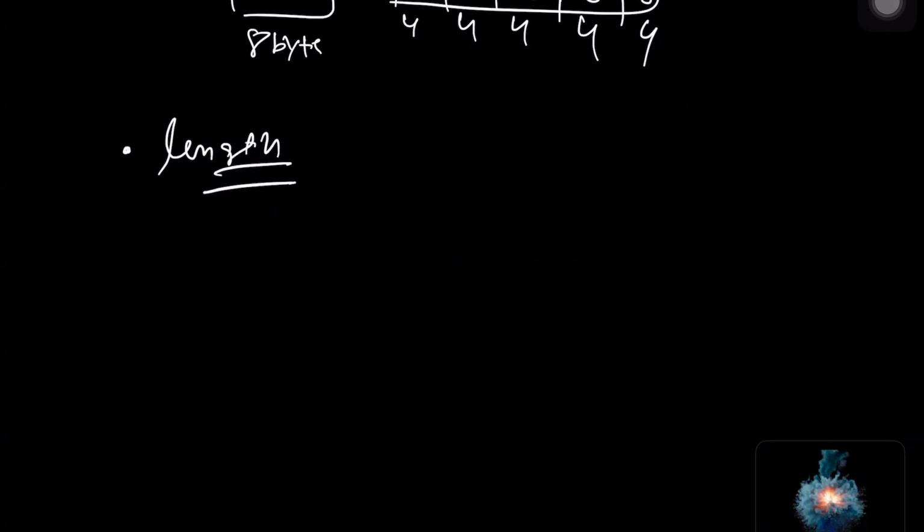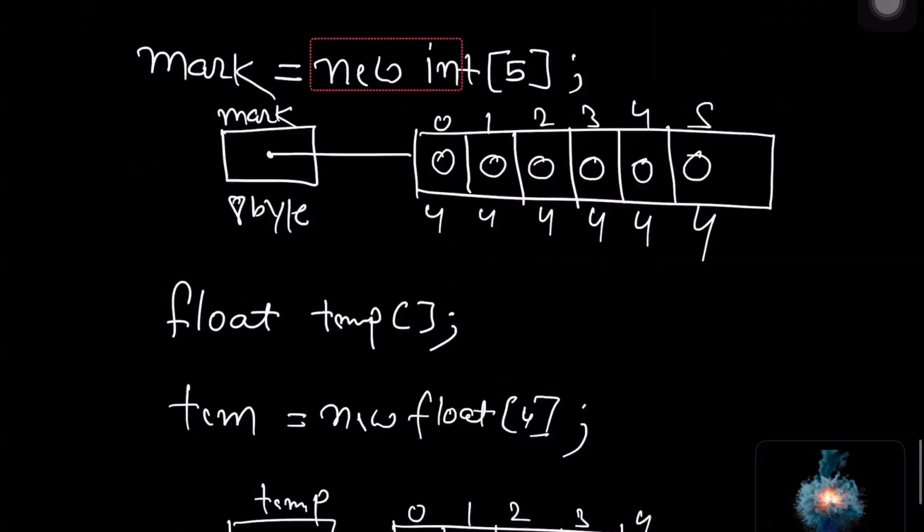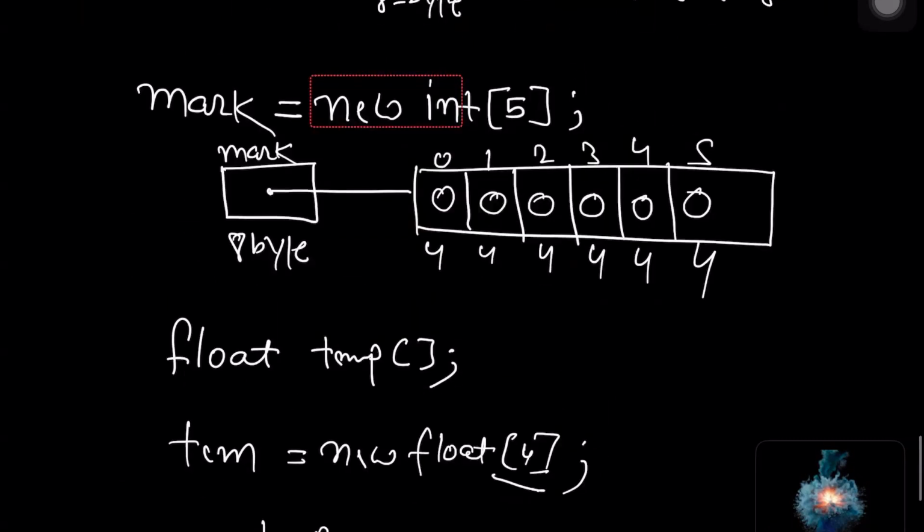Whenever you construct an array, you have to mention the size. Declaration is fine, but when you construct, you have to mention the size. I have mentioned 4 here, and 5 there.